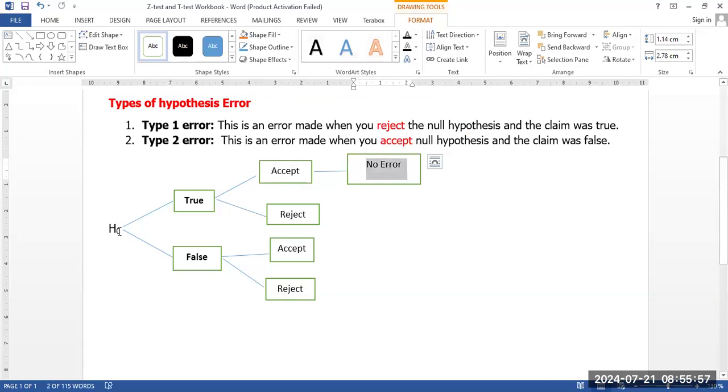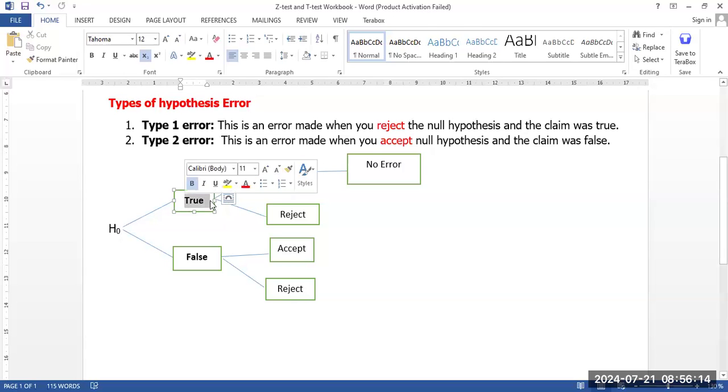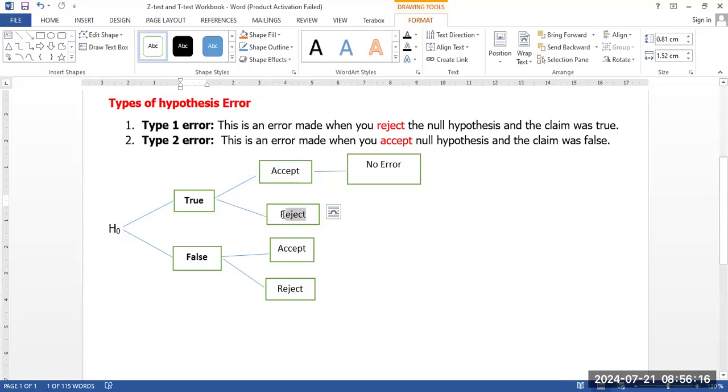But if what you stated is true, but you conclude by rejecting, you see that actually you are making what? You are making error. Do you agree, colleagues? What you stated is true, but on conclusion, you are rejecting what was true.